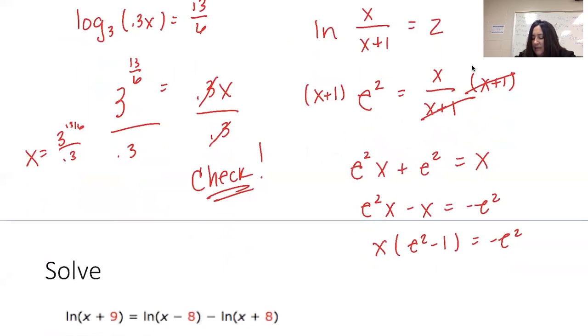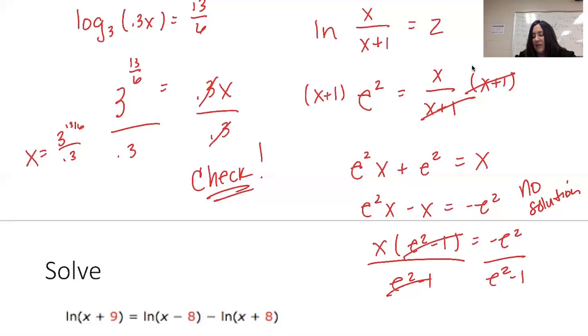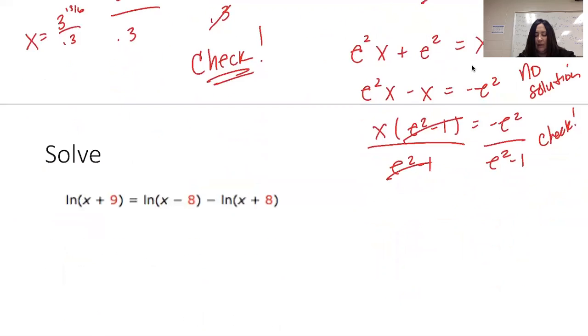Divide both sides by e squared minus 1. Now, if you're looking at here, again, you're needing to check your solution. Well, negative e squared over e squared minus 1 is going to give you a negative number. So in this case, you would have no solution. So please make sure, again, that you are checking your answers.